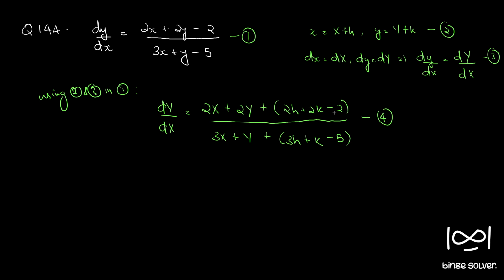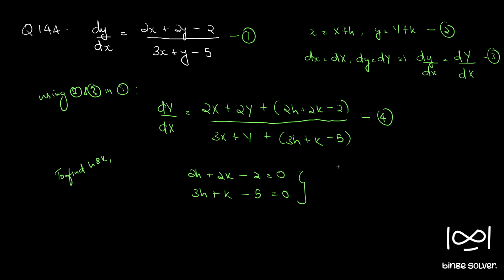Now equation 4 is not homogeneous, but if we find h and k such that 2h + 2k - 2 is equal to 0 and 3h + k - 5 is equal to 0, the whole equation goes to a homogeneous form. So to find h and k, we use the two equations 2h + 2k - 2 = 0 and 3h + k - 5 = 0.